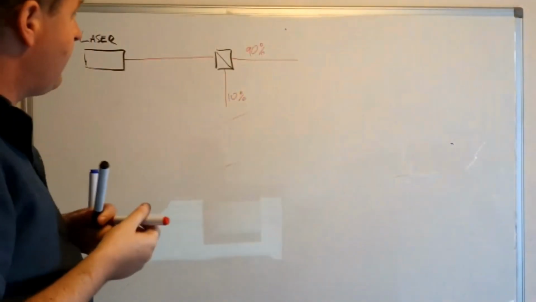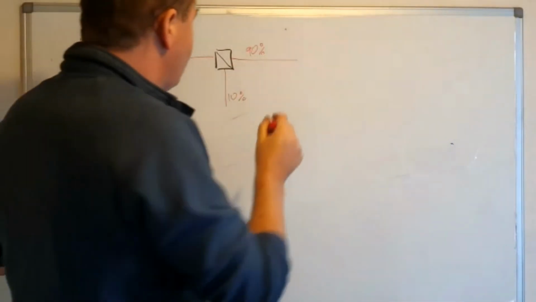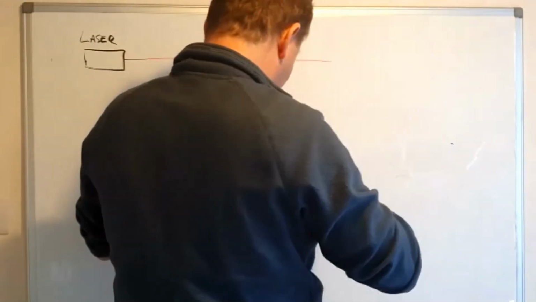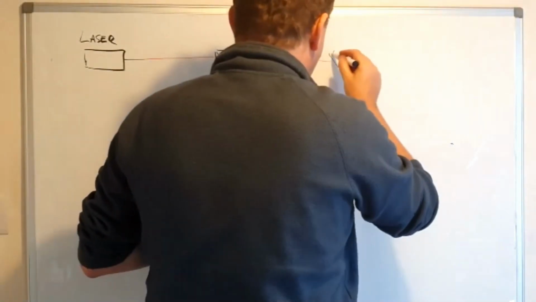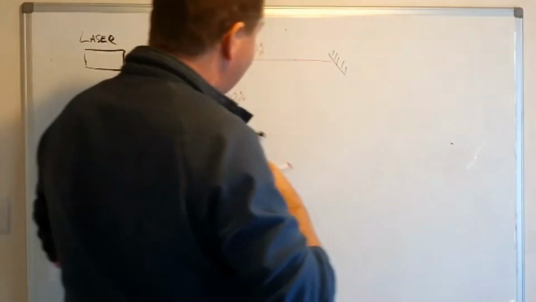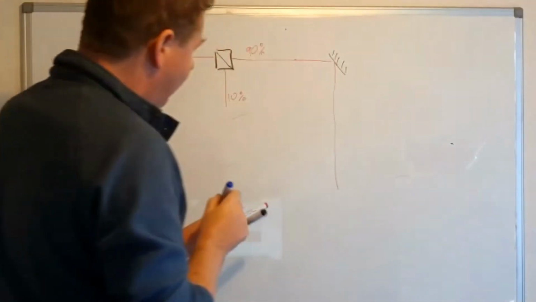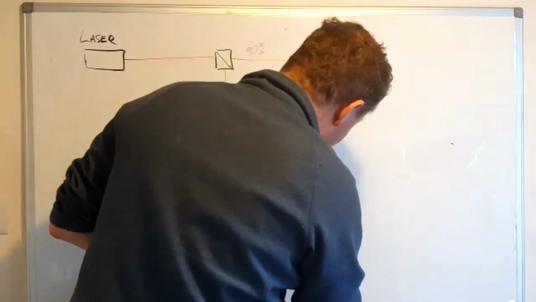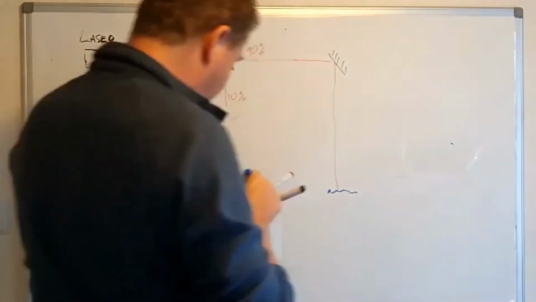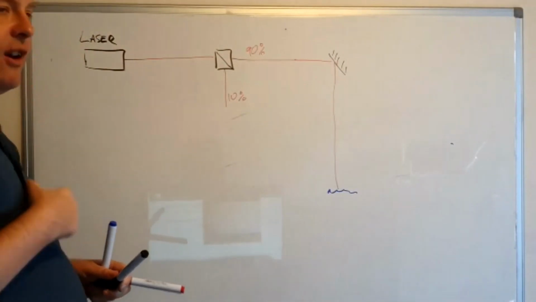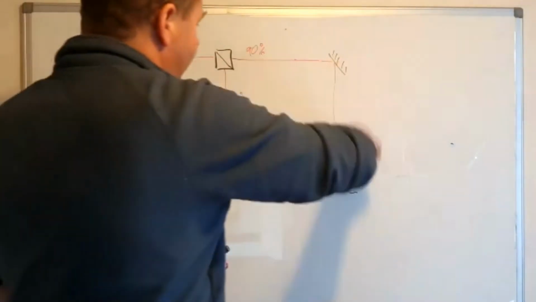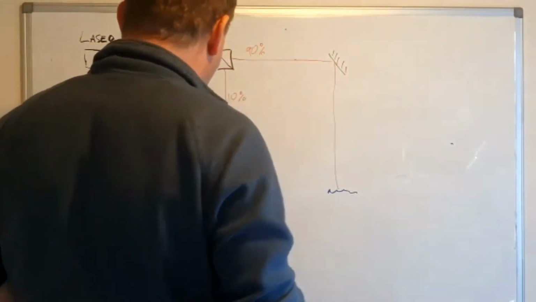Then we arrange for this part of our light to come and strike our sample there. So that's our pump. This is a big powerful burst of light which is hitting our sample.